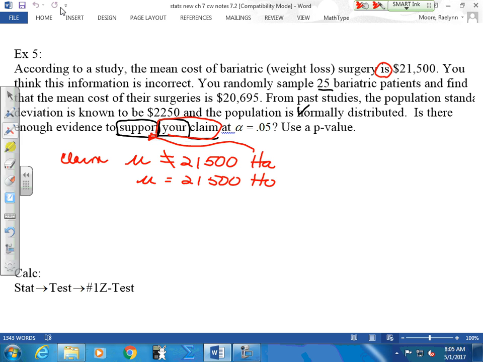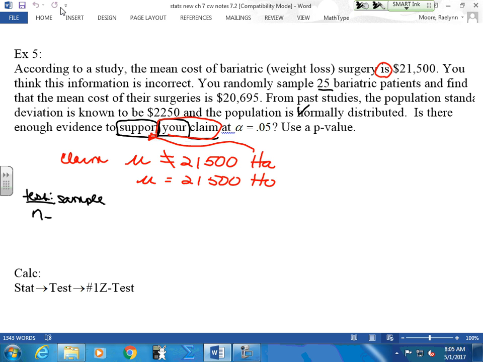Okay, so now we pull out your test information. This is your test, what you did, what your sample said. You sampled 25 bariatric patients. Their mean was 20,695.